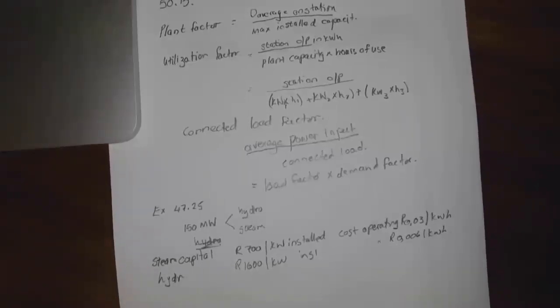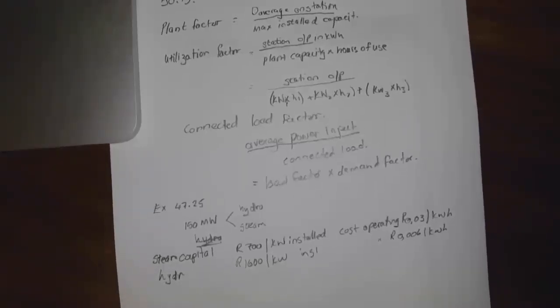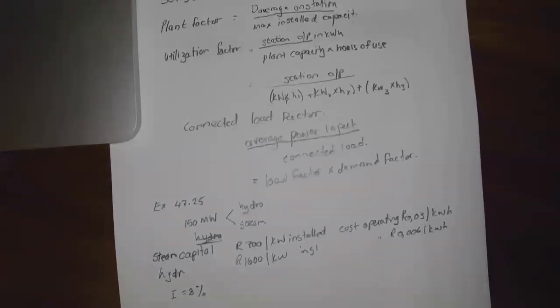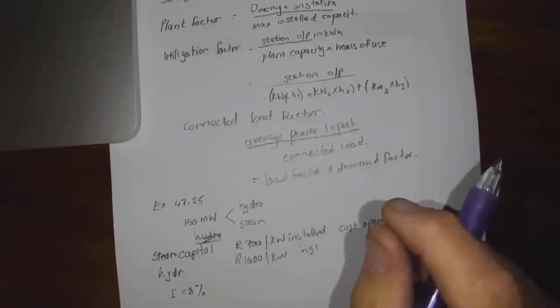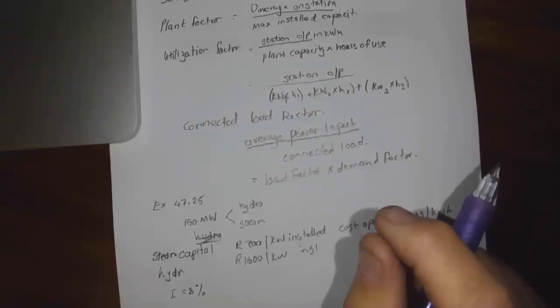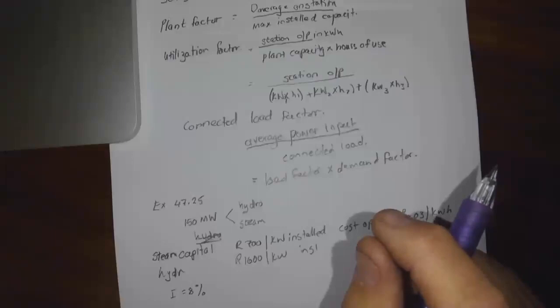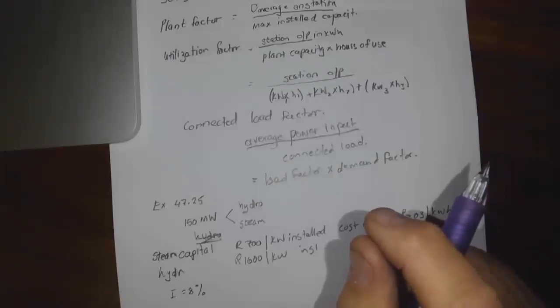Interest on capital, 8%. And then calculate the minimum load factor above which the hydroelectric plant will be more economical.